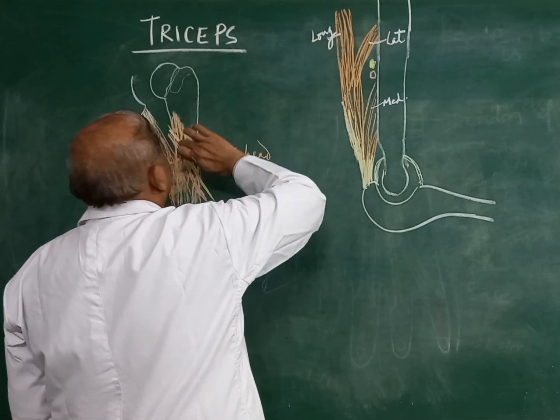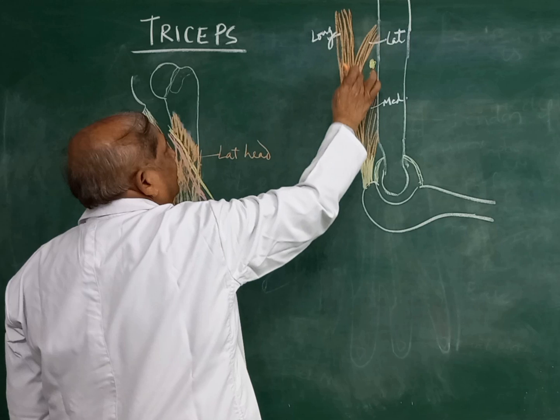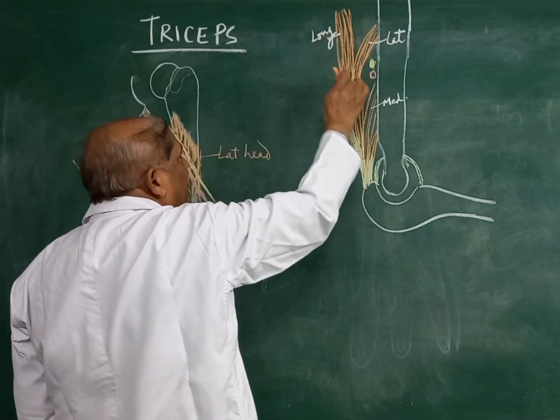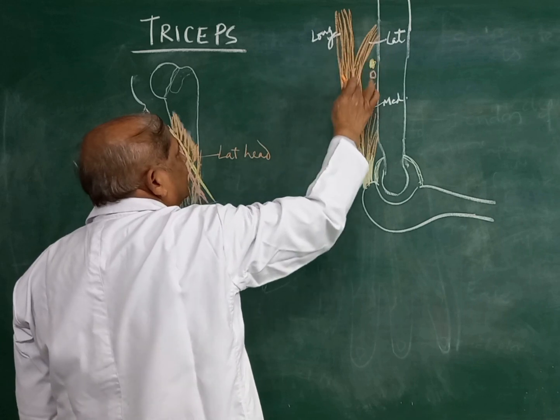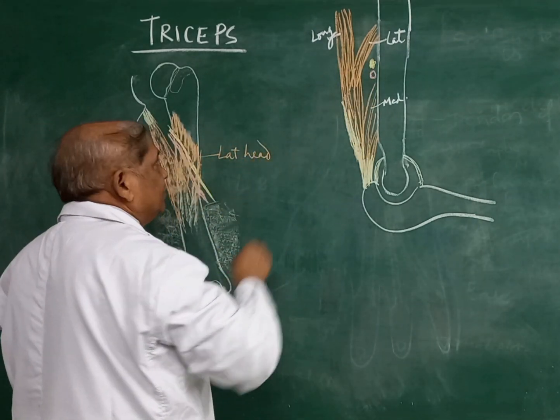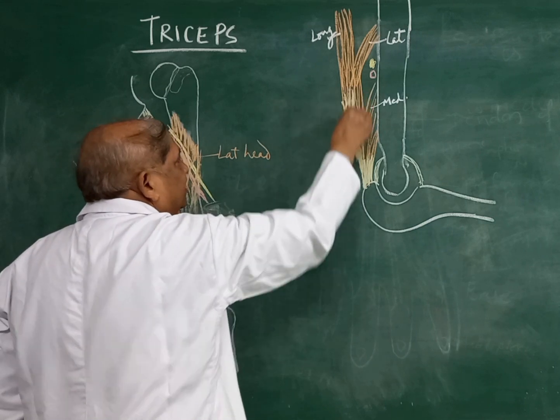From this ridge, the origin is that of the lateral head. From the infraglenoid tubercle, the long head is coming, and both these heads fuse with each other and form a superficial aponeurotic tendon here.